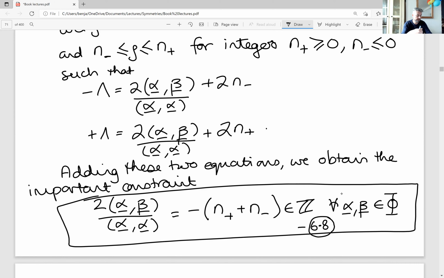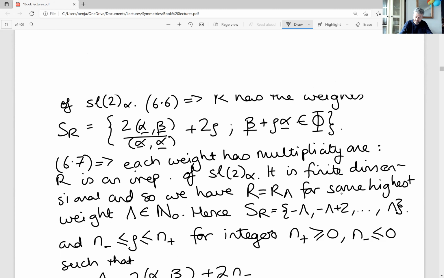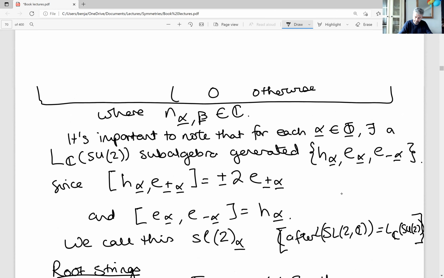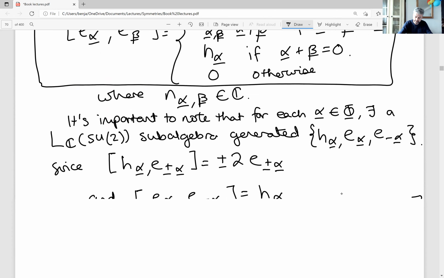Okay, good. Now, I believe we labeled an equation 6.5b last lecture. Just check I did it properly. Oh, no, I didn't.